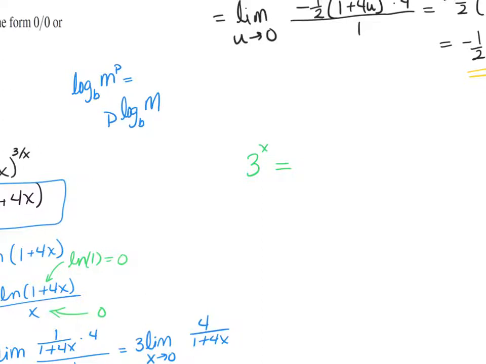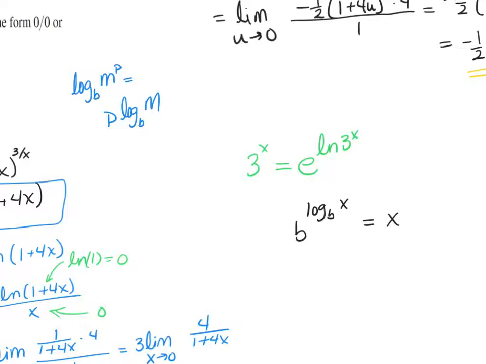The way I rewrite this is e raised to the natural log of 3 to the x. And the reason I'm allowed to do this is because in my rules of logs, it says if I have b raised to the log base b of x, then this equals x all day long.